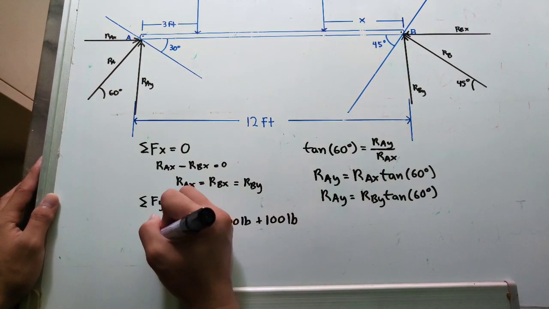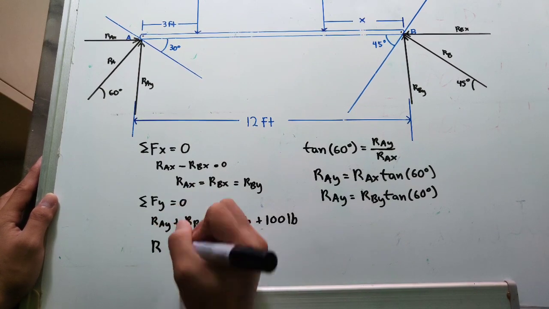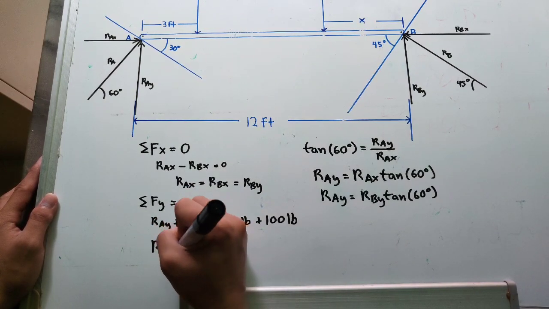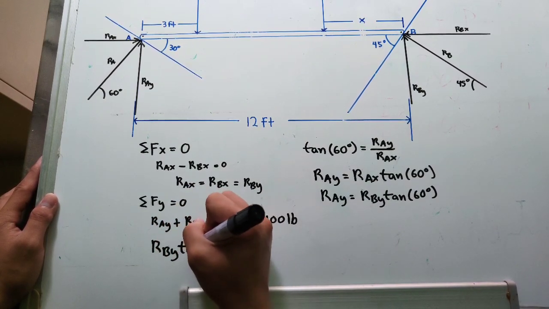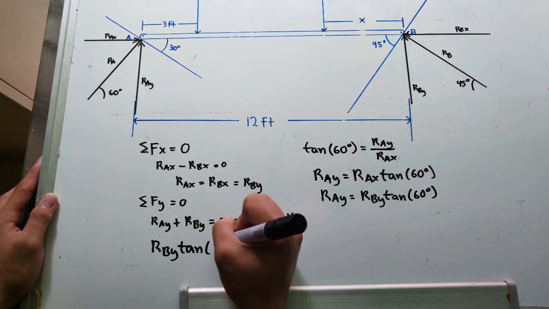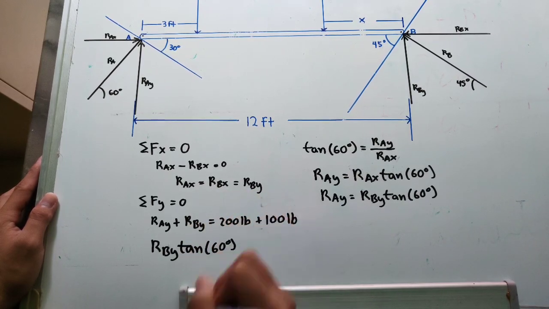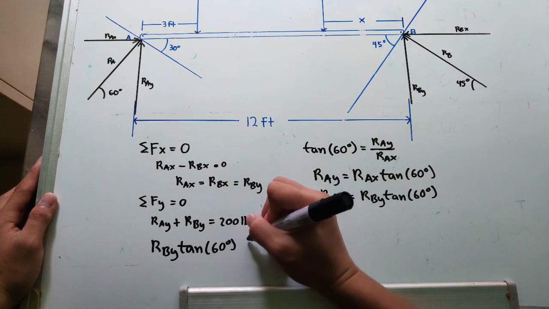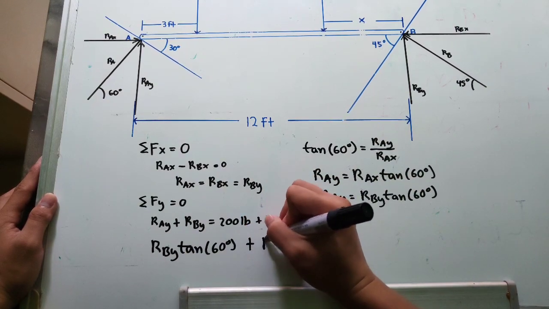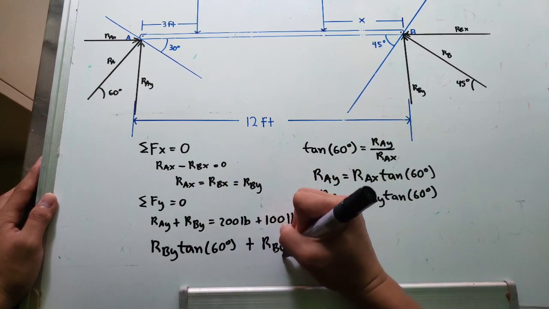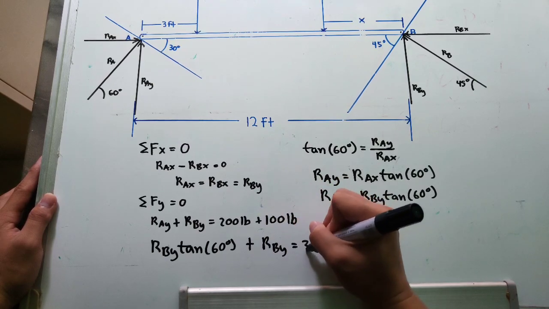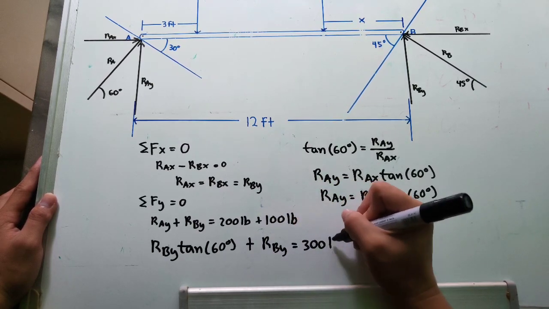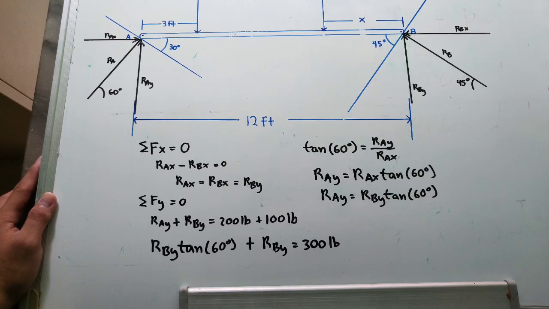So substitute RAY into this equation: RBY tan 60 degrees plus RBY is equal to 300 pounds.